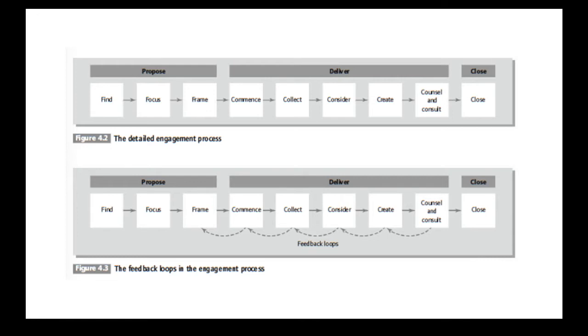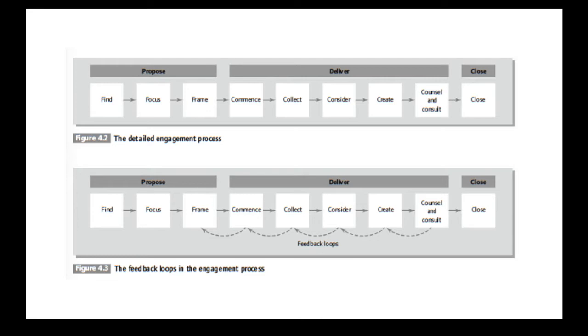I wouldn't say it's completely rare, but this happens when you have a frame, a defined scope of work that you want to do, a problem or opportunity that is rigorously defined, and all of a sudden the client would have given you some additional information that would make you believe that your earlier frame is incorrect. So you will have to change your frame. But nevertheless, much of the feedback is actually happening during the deliver stage.